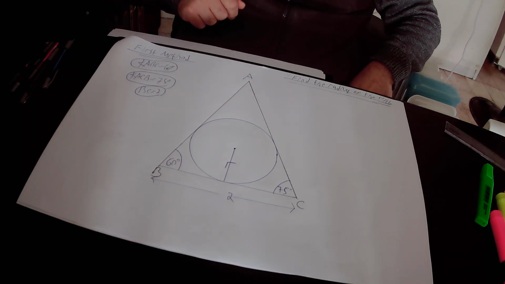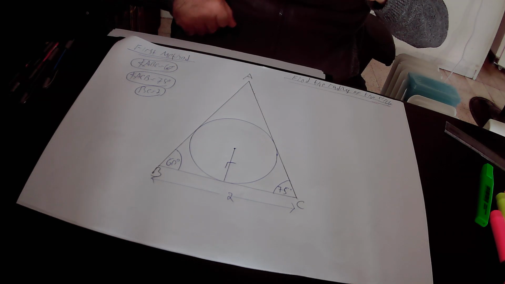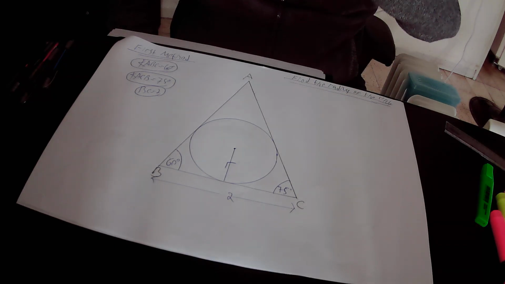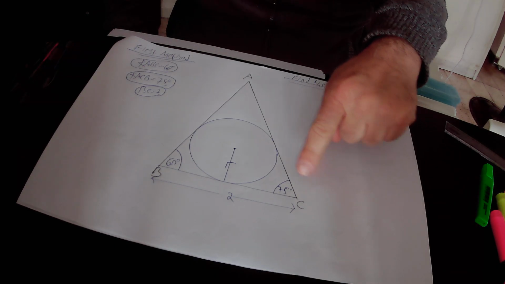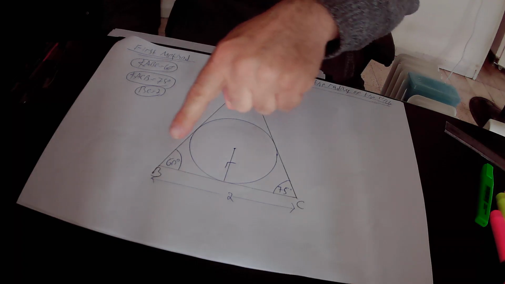We'll start with the first method, and we'll do a construction, that is to say from point C, we will draw a perpendicular on side AB.